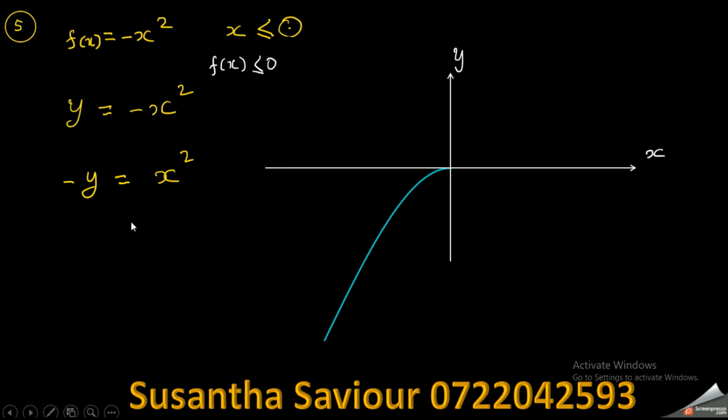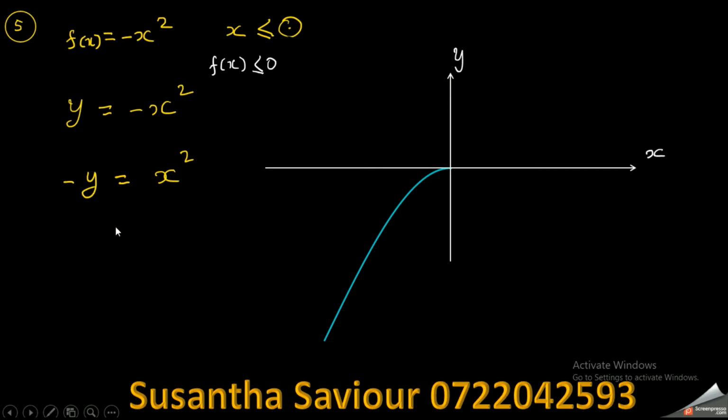All this time you have heard that you can't take the square root of a negative. Nothing to worry, because this y is always negative. Look at this. This y is always negative. Therefore, that negative inherited in this y into this negative will always give you a positive answer. Therefore, you can take the square root of that.